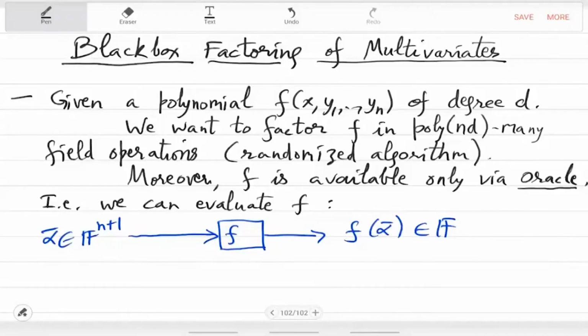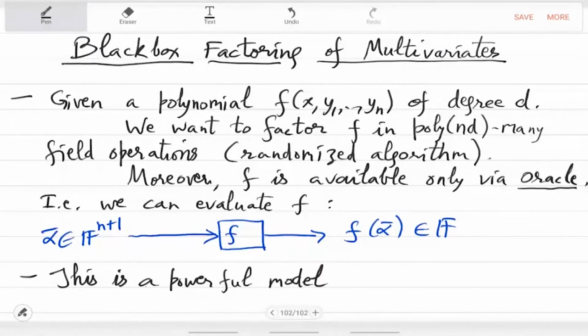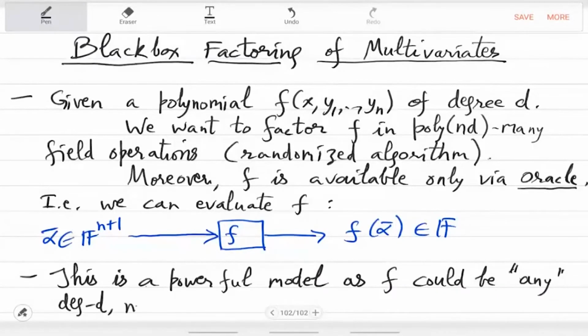So this is a very powerful model or representation, as f could be any degree d, n plus 1 variate polynomial.